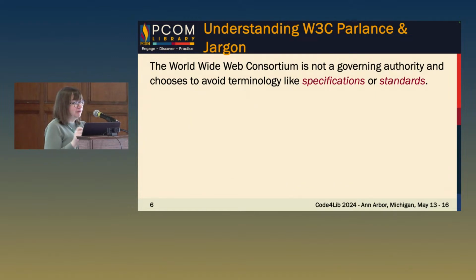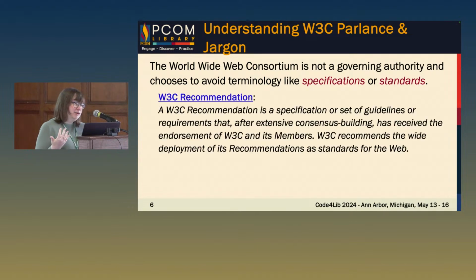They like to avoid terminology like specifications or standards because there's a lot of implications from it. They are really big on vocabulary. Every W3C document has a huge glossary in it. And their actual definition of recommendation even uses the word specification in the first five words. And then they say standards, so it mixes and all that.